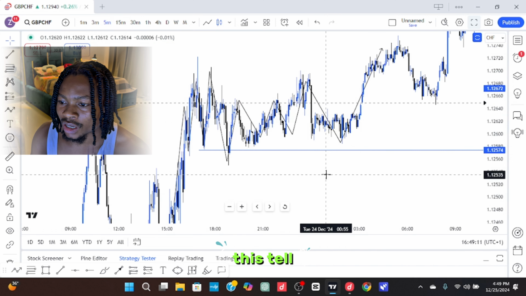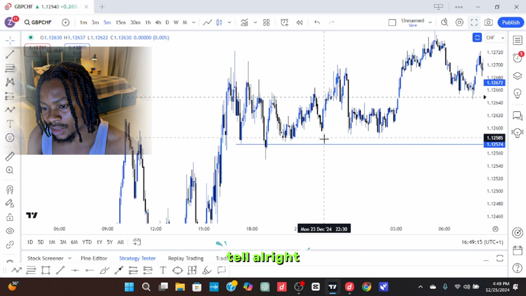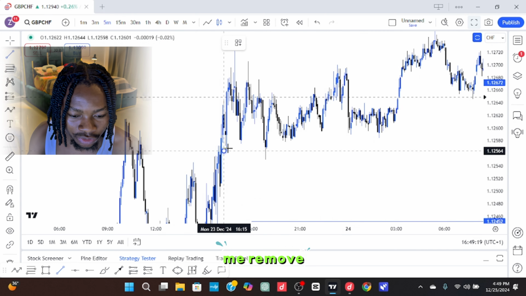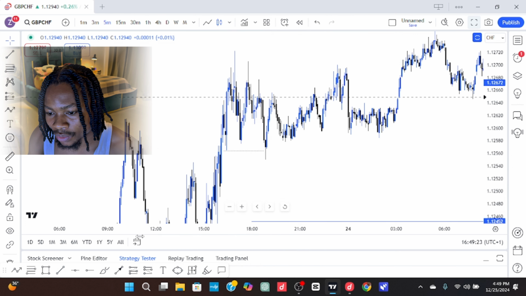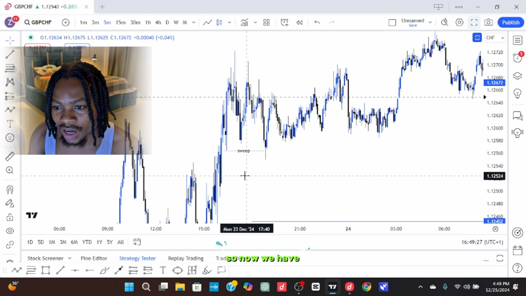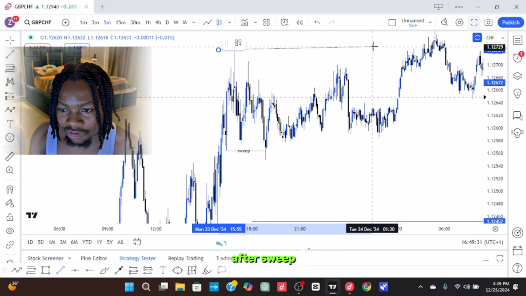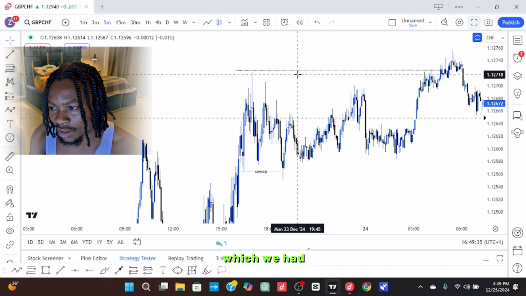Now what does this tell us? Looking at this right now, we can tell that price, let me remove this, took out a low. That is a sweep. So now we have our sweep. The next thing I want to see after a sweep is a break of structure, which we had right here.